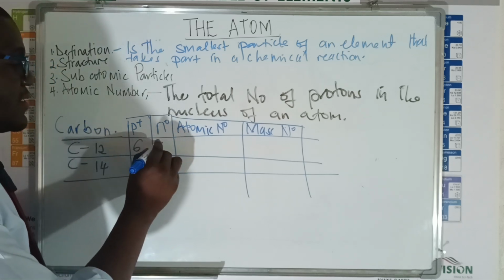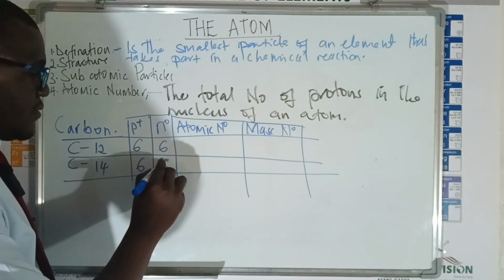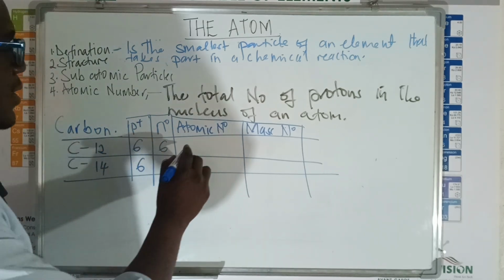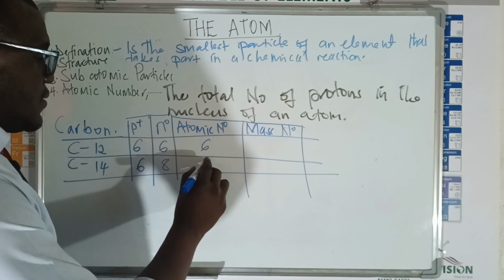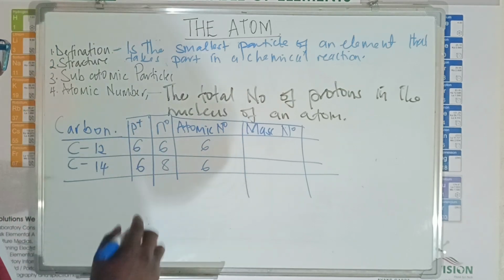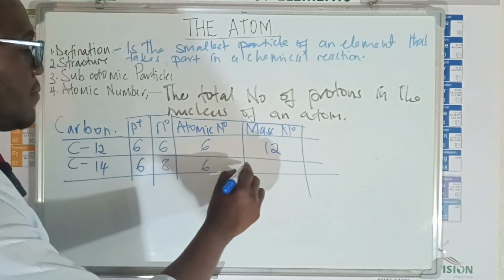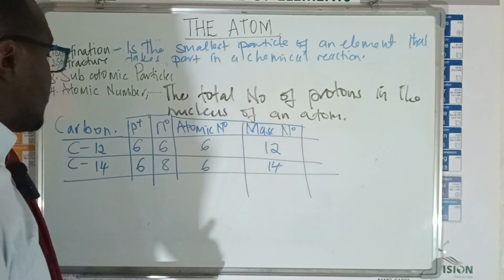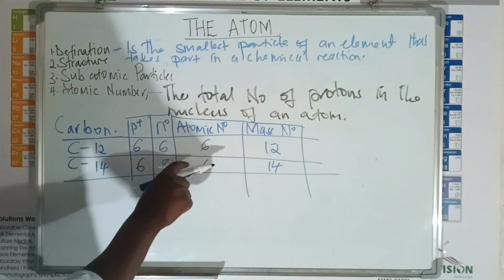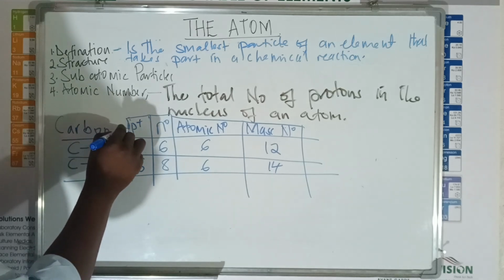So carbon 12 has 6 neutrons, but carbon 14 has 8 neutrons. Then atomic number is 6 because atomic number is the number of protons. But the mass number here will be 12. Mass number here will be 14. That's why it's called carbon 14, because it is 6 plus 8. So I believe this is very clear.